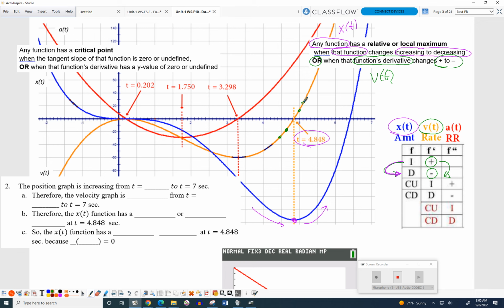So one more time, raise your hand please if you can answer. Actually, do this, I want you to vote. So this means position. This means velocity. This is acceleration. This would be position and velocity.